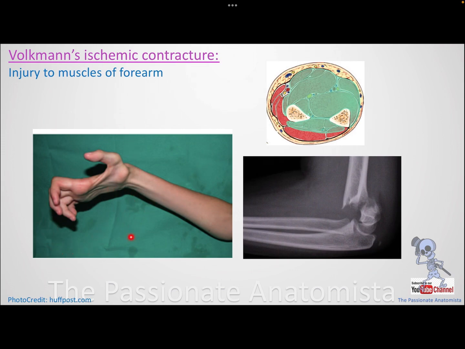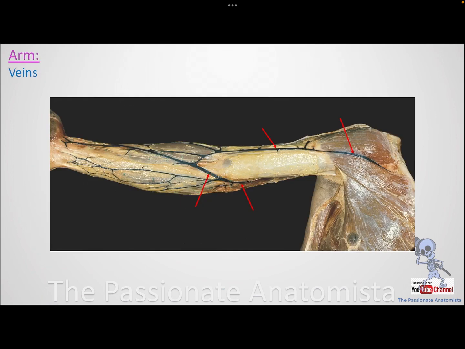Your forearm will also be affected, but mainly here, and this picture is a clinical picture of a very severe contracture. Actually, it doesn't start as such, it starts lighter than that. So if you have a problem with the brachial artery, you will have Volkmann's ischemic contracture. One of the reasons would be the supracondylar fracture, but there can also be other reasons.